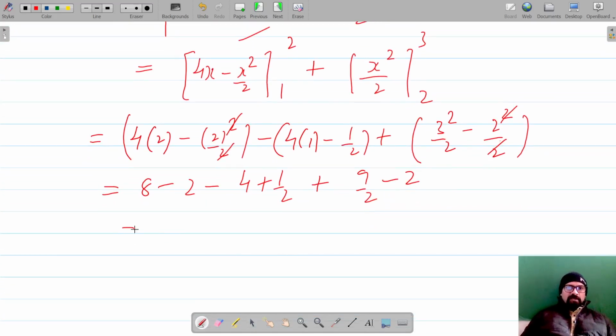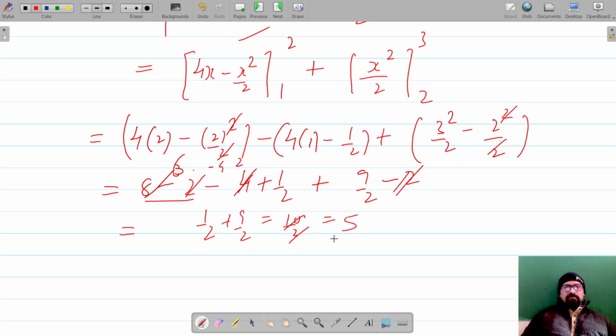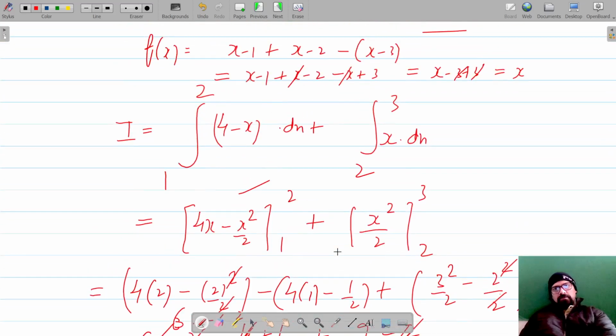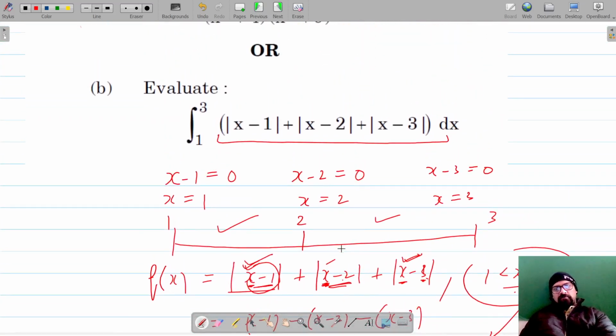The 2 and the 2 cancel. So finally we have half plus 9 by 2, which is 10 by 2, which is 5. So we have evaluated this integral to be 5.